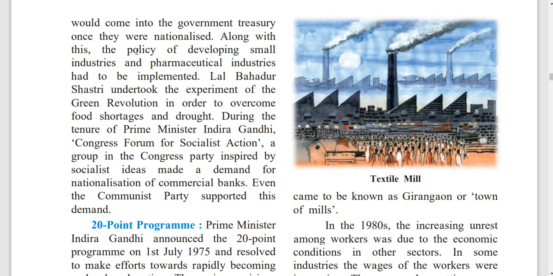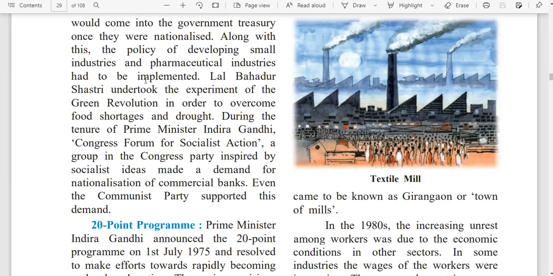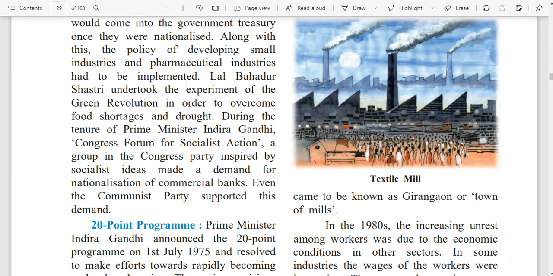Along with this, the policy of developing small industries and pharmaceutical industries had to be implemented. Lal Bahadur Shastri undertook the experiment of the Green Revolution in order to overcome food shortages and drought.